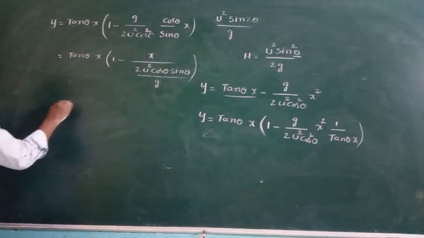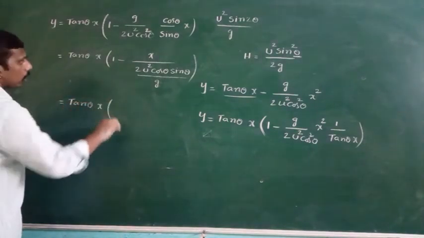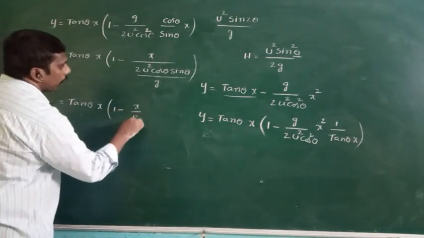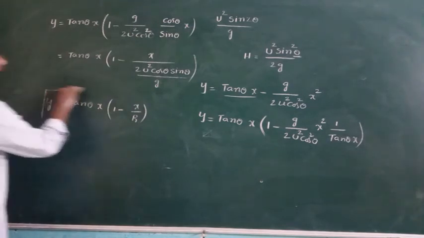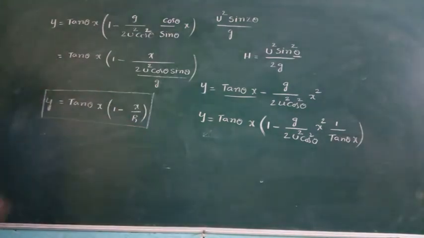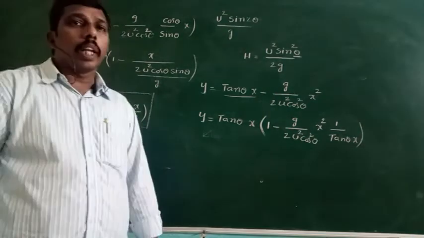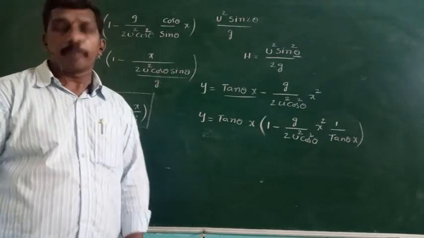So from that we can write y is equal to tan theta into x into 1 minus x by R. So this is the trajectory equation in terms of range. Like this we can derive different equations in projectile motion.